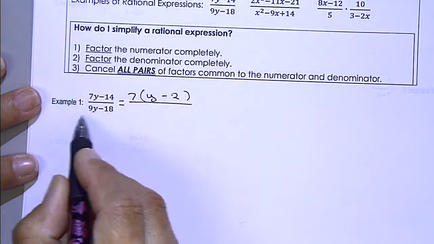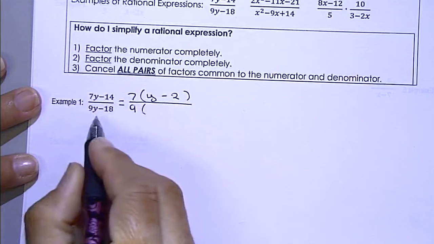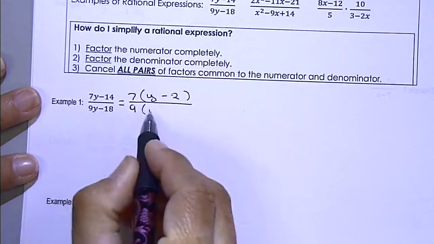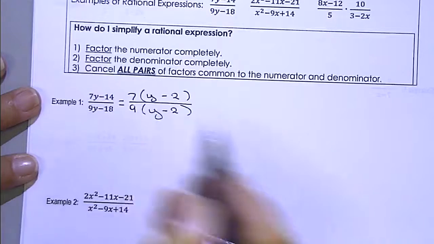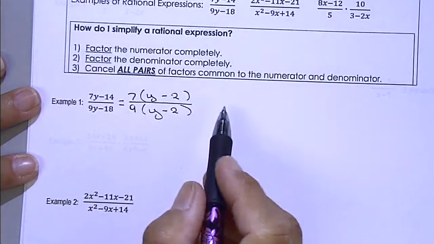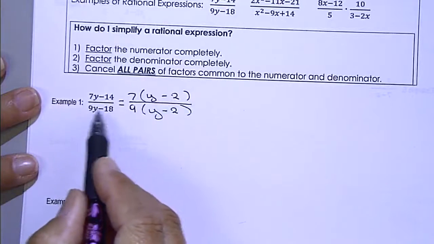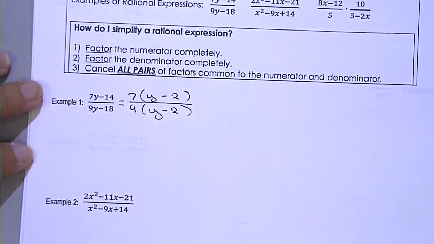Down here, these two terms, I have a GCF of 9. So I'm going to be able to factor it out. Well, 9 times y would get me back to the 9y. 9 times a negative 2 would get me back to the negative 18. What did I do? I, in essence, did the same thing we've been doing. I just divided each of these terms by 9. What was left over was my binomial factor.